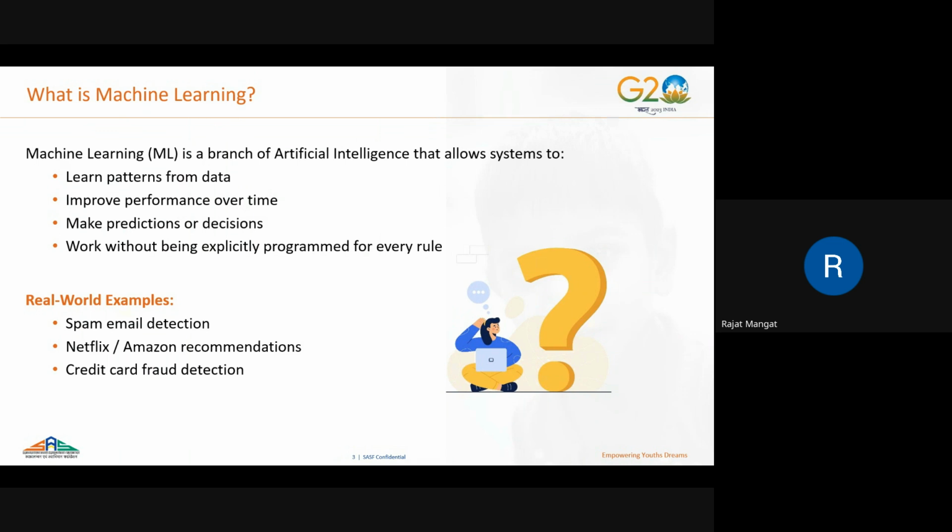We are not writing a whole program to predict every decision of yours. We are simply creating a model which is able to predict any future scenario, without being programmed explicitly. You are not programming it again and again when new data comes.